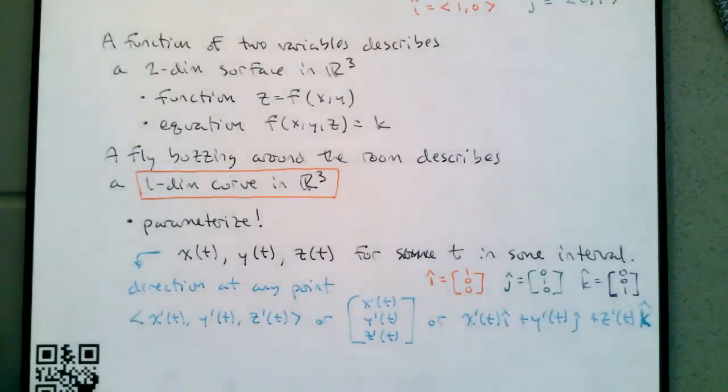So, an important thing to realize. The way we determine direction is to look at the vector. When we write a vector describing a direction, it says how much in the x direction we're going, how much in the y direction, and how much in the z direction.